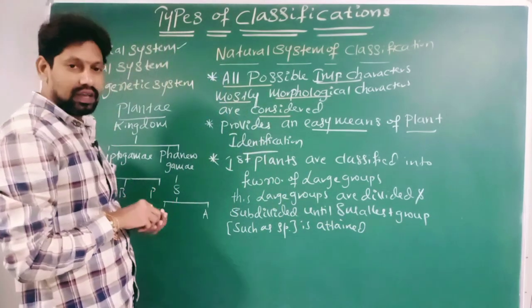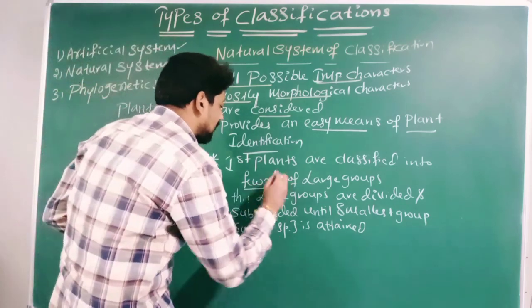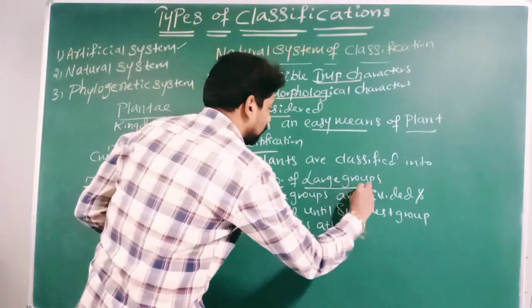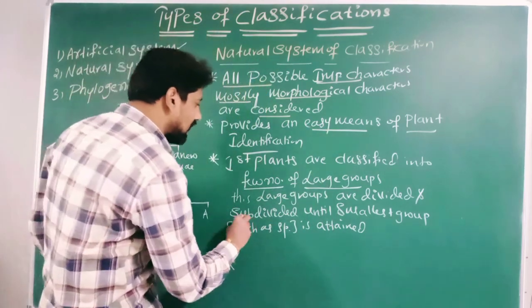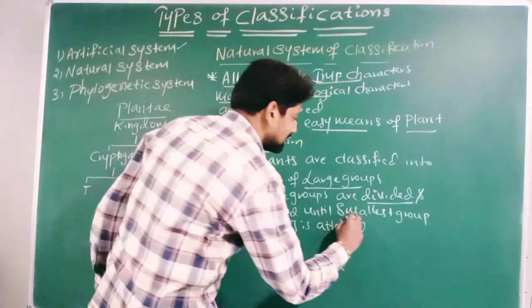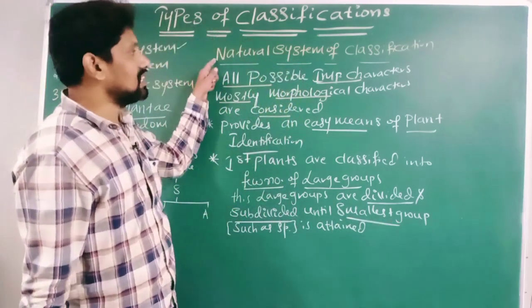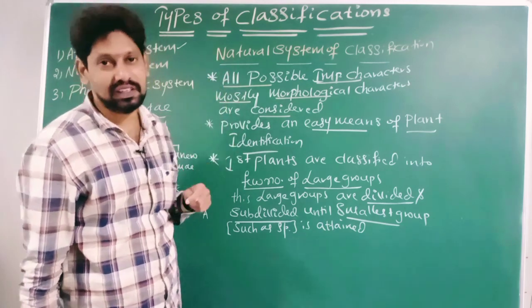Is this statement okay? Right? Therefore, first plants are classified into few large groups, which are divided and subdivided until we get the smallest group, species. We are discussing natural system of classification.